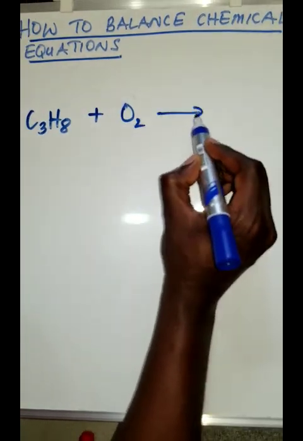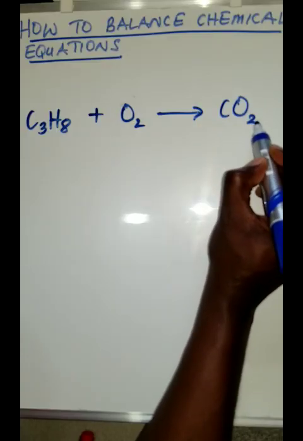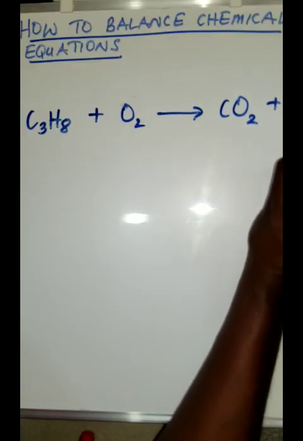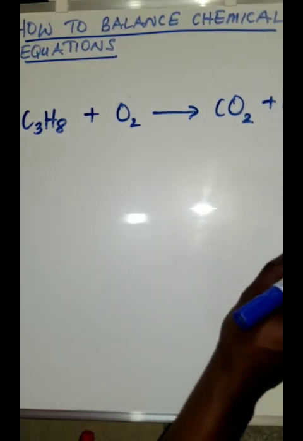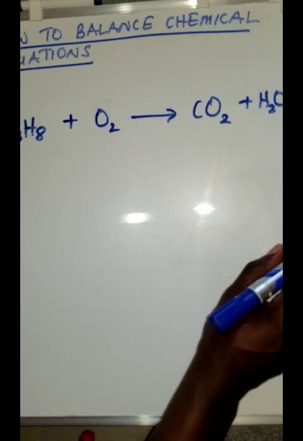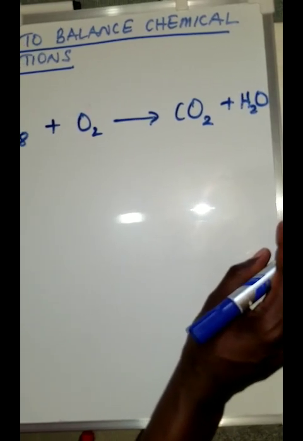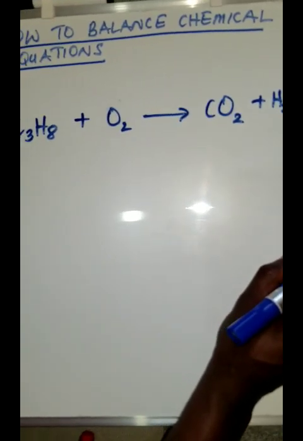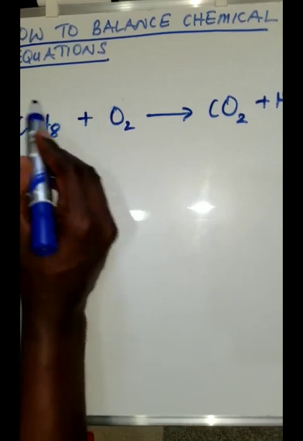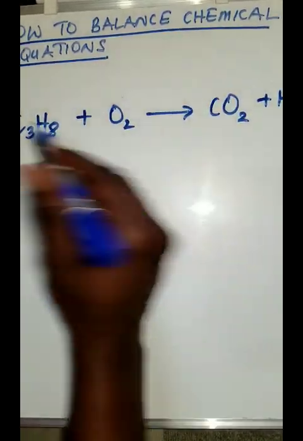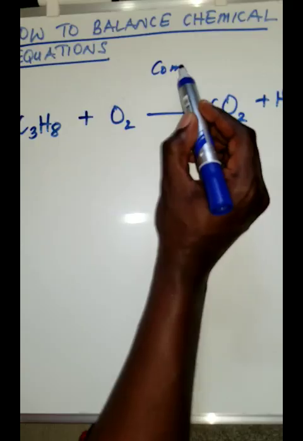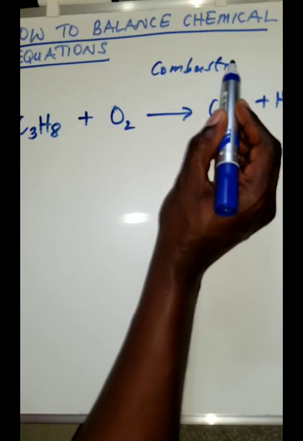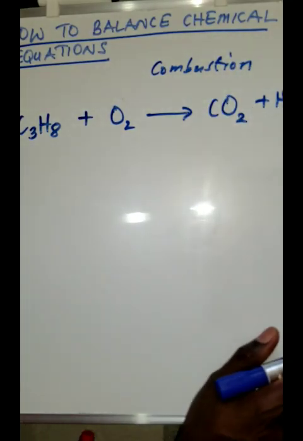So it burns in oxygen to produce carbon dioxide and H2O. So that's the idea. If that is the equation, I hope you are able to see that. Mainly when you are dealing with a hydrocarbon, this reaction is what we call a combustion reaction.